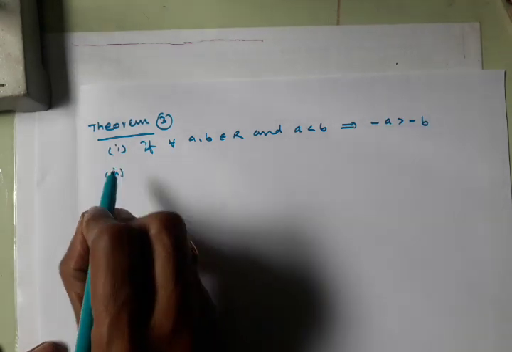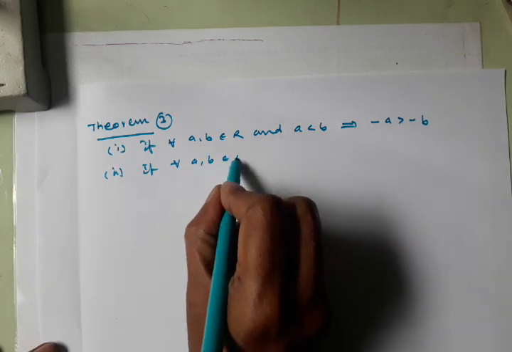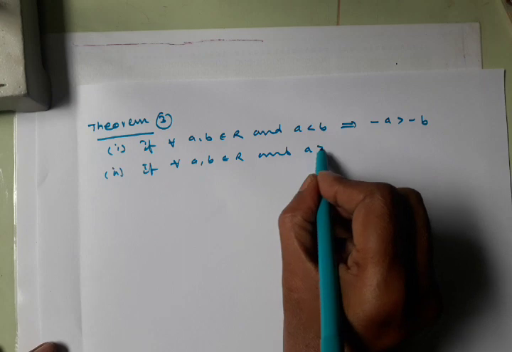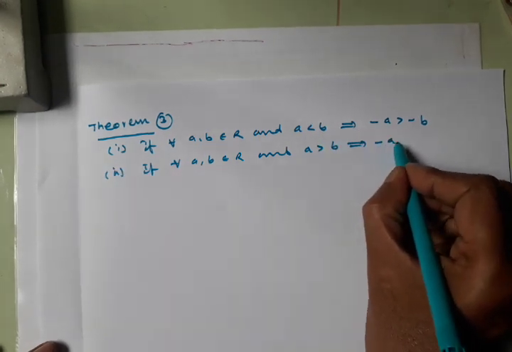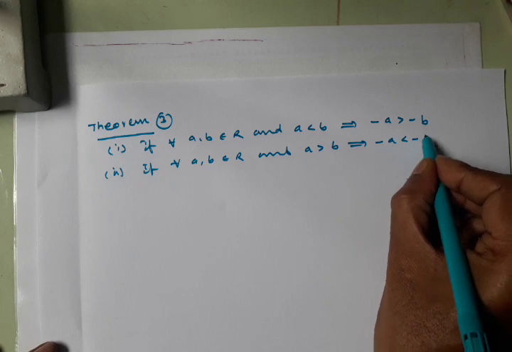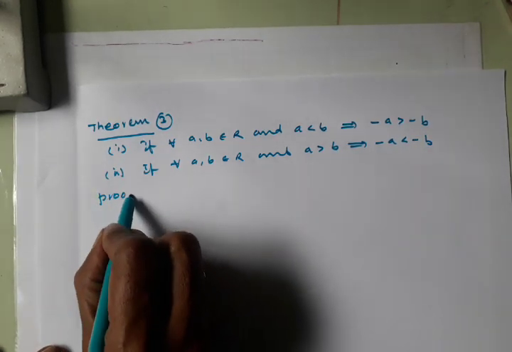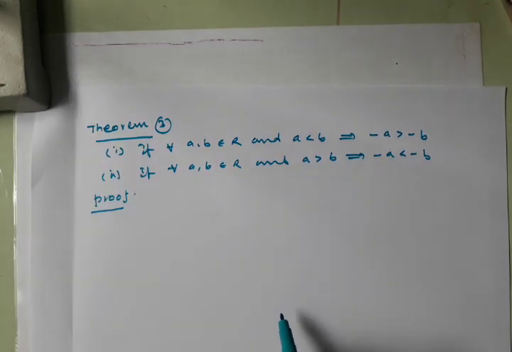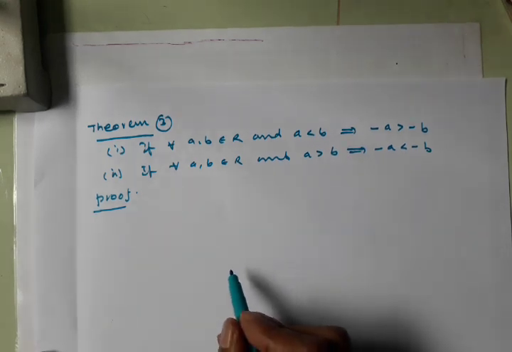Second one, for all a, b belongs to R, a is greater than b implies minus a is less than minus b. So these are all the applications we have, but we are proving these applications through the properties of real numbers.